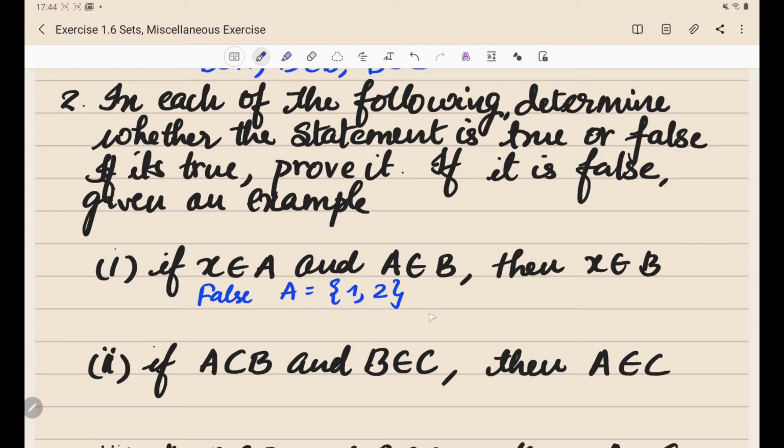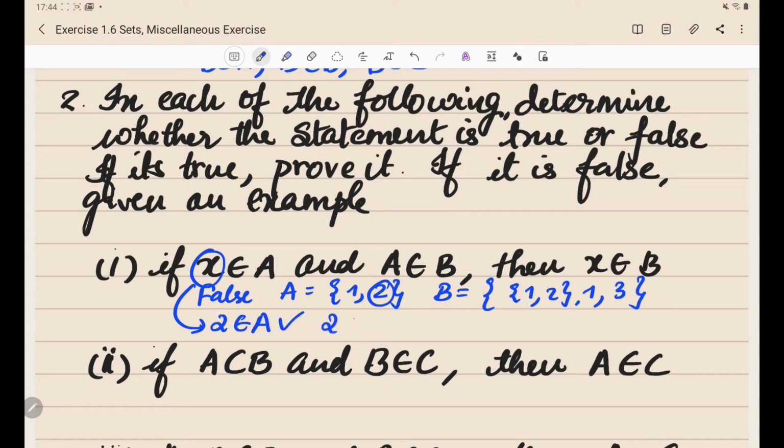Again, it is said that A belongs to B. So we have a set B where set A is one of the elements, and I have other elements too, 1 and 3. Then let's consider x as 2. Is 2 an element of A? Yes, 2 is an element of A. It is true, right? But is 2 an element of B?